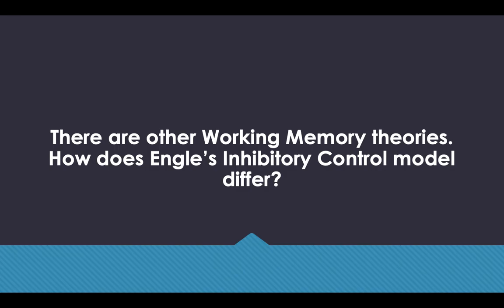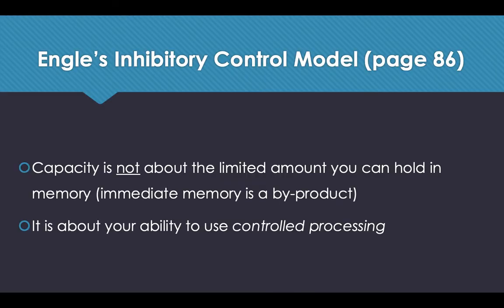So now that we've covered the main model of working memory, let's talk about some other theories that the book discusses. So take a second and think about how Engle's inhibitory control model is different from the multi-component model. Well, in general, inhibition is a term applied to mechanisms that suppress other activities.